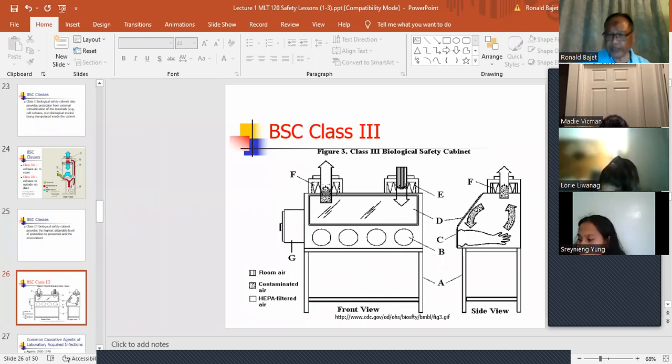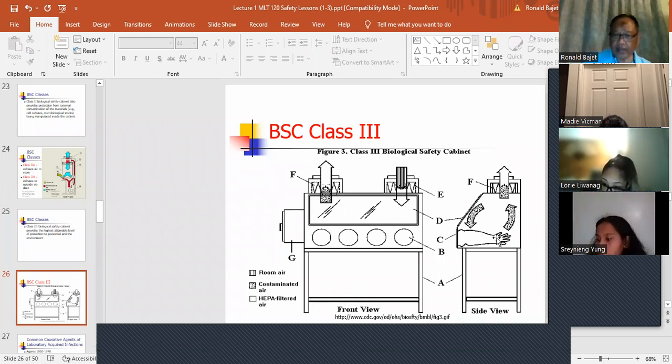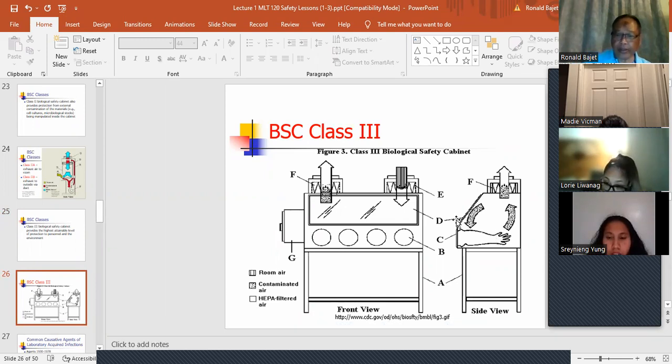You stick your hand through these circles, your hand enters a glove, and this is where you will handle the specimen. So this is used in a biological safety cabinet 3. Air is circulated, goes through the HEPA filter, and exhausted out. So this is the BSC level 3. It's closed.